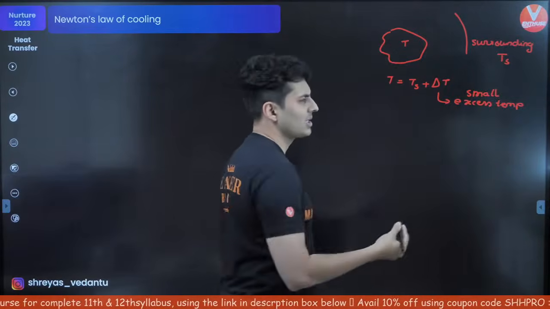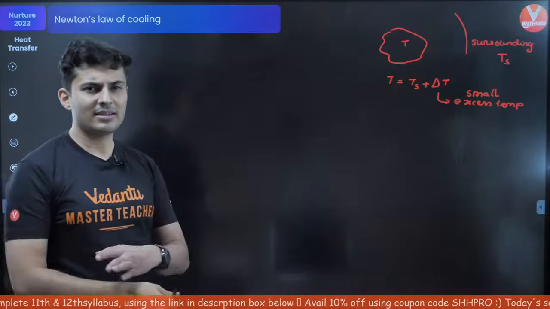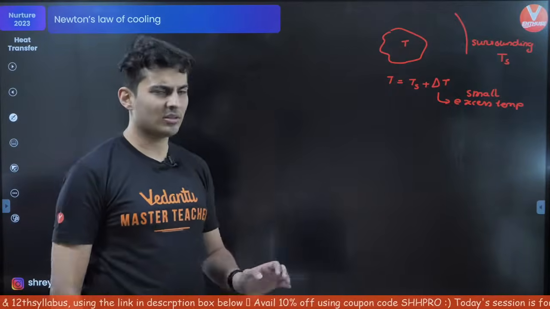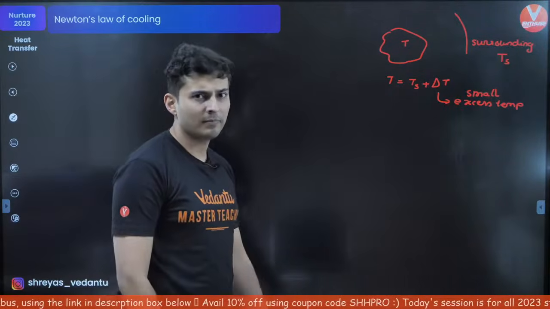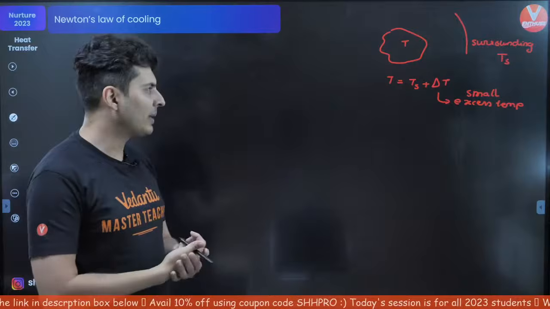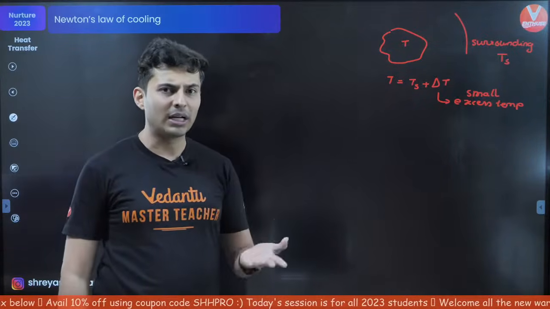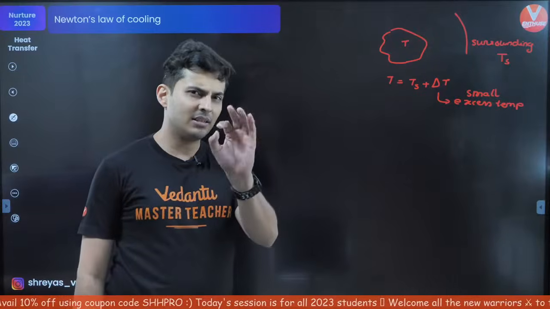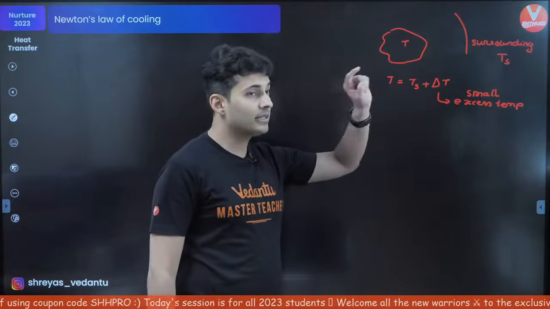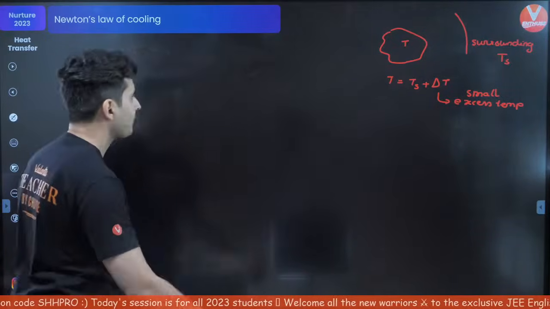This is not too much. Maybe some 10, 15 degrees Celsius, 20 degrees Celsius, not much, as compared to the surrounding. Because usually when we talk about temperature, we talk about it in Kelvin. So for 273, 280, 290 Kelvin, 10, 15 Kelvin is a small amount. So this delta T stands for the excess temperature.